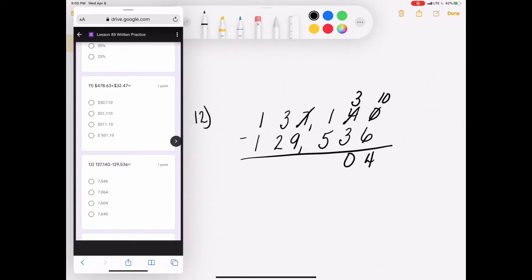I can't take 5 out of 1. 7 becomes a 6. 1 is 11. 11 minus 5 is 6. 6 minus 9, I cannot do that. Borrow from a 3. 3 becomes a 2. 16 minus 9 is 7. 2 minus 2, 0, 0. So we have 7,604.